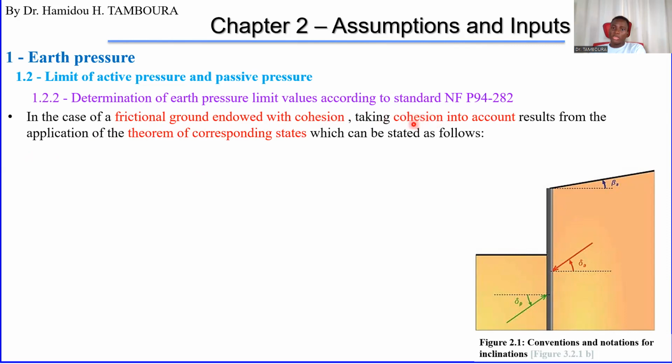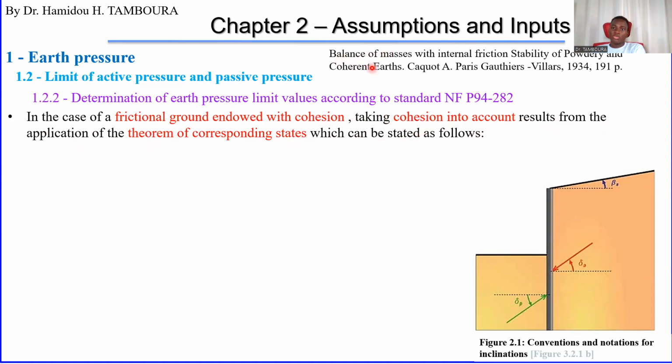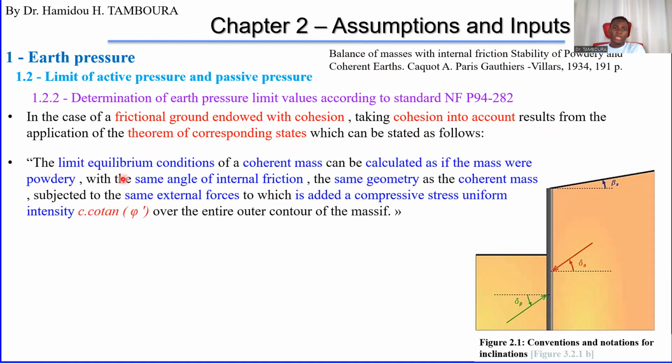So that's why in the case of cohesive soil, taking the cohesion into account results from the application of the theorem of corresponding states, which can be stated as follows. You can use this reference to check what I'm talking about. The limit equilibrium condition of the cohesive mass, not coherent actually, cohesive mass, can be calculated as if the mass were cohesionless, not powdery, just like powder, meaning like sand.